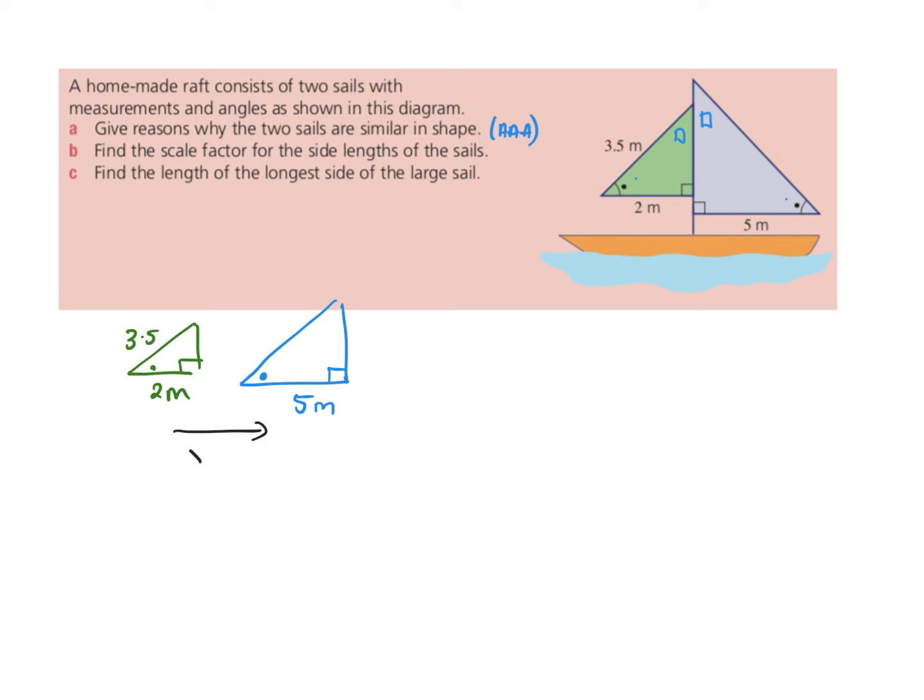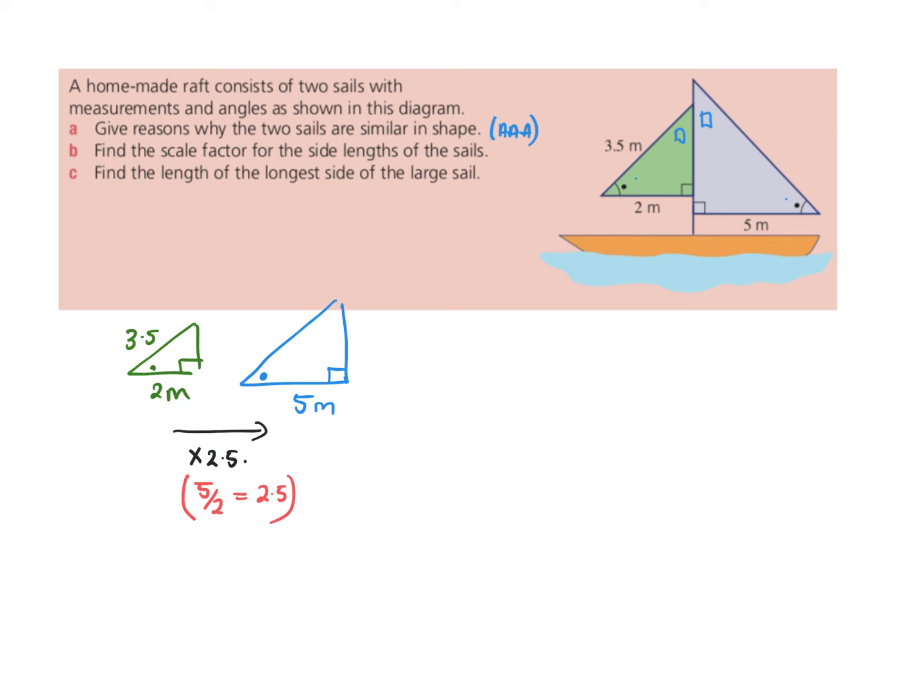Yeah, so times it by 2.5. If you want to check it, you can just go 5 divided by 2, remember like what we were doing yesterday. So in brackets, it was 5 divided by 2 equals 2.5. That's how you worked out how it went up. Okay, so that means that's the scale factor.